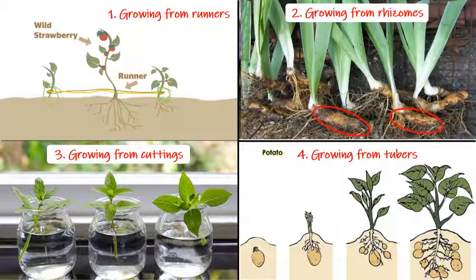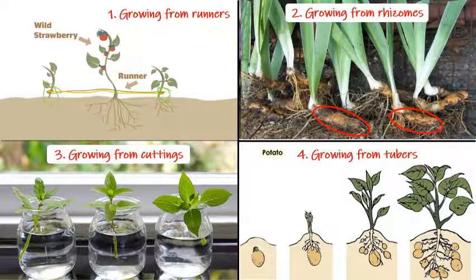So I will repeat. We have 4 different types of vegetative reproduction. We're talking now about plants that don't use flowers and seeds to reproduce. They use pieces of the plant to reproduce.